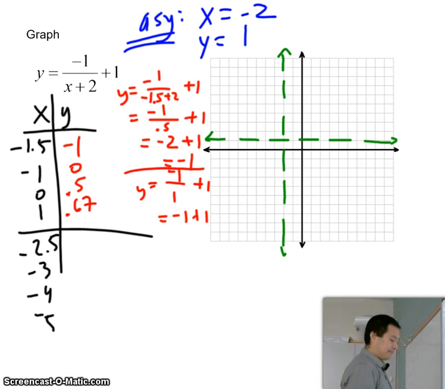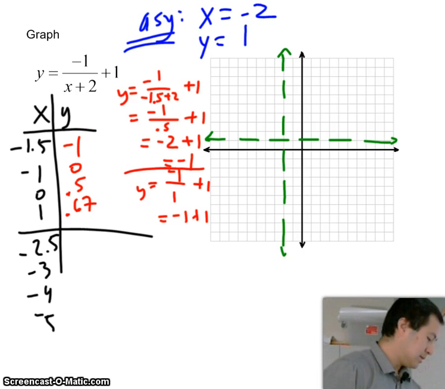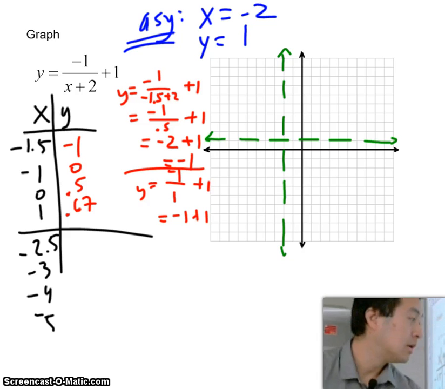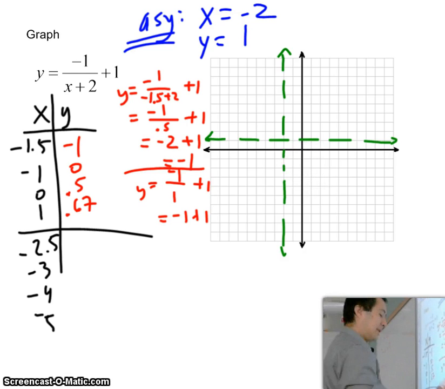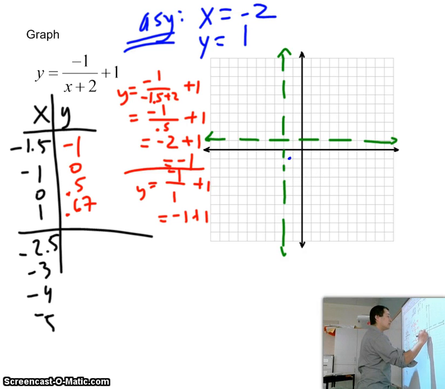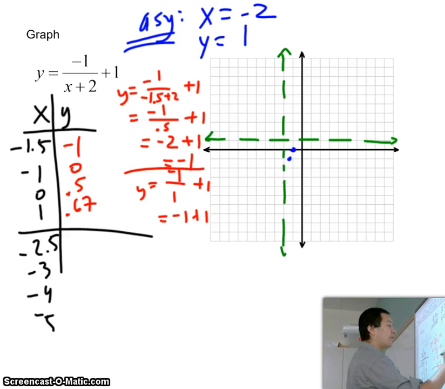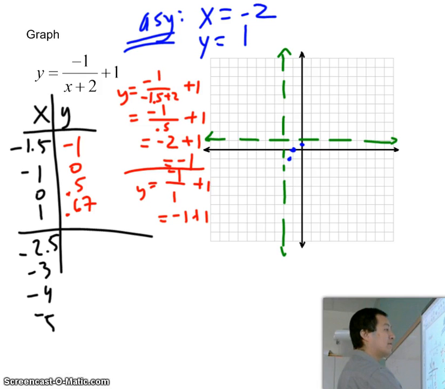All right, let's graph that. -1.5, -1. Oh, sorry, -1 down there. Man, that eraser's big. -1, 0, 0.5, and then 0.67.